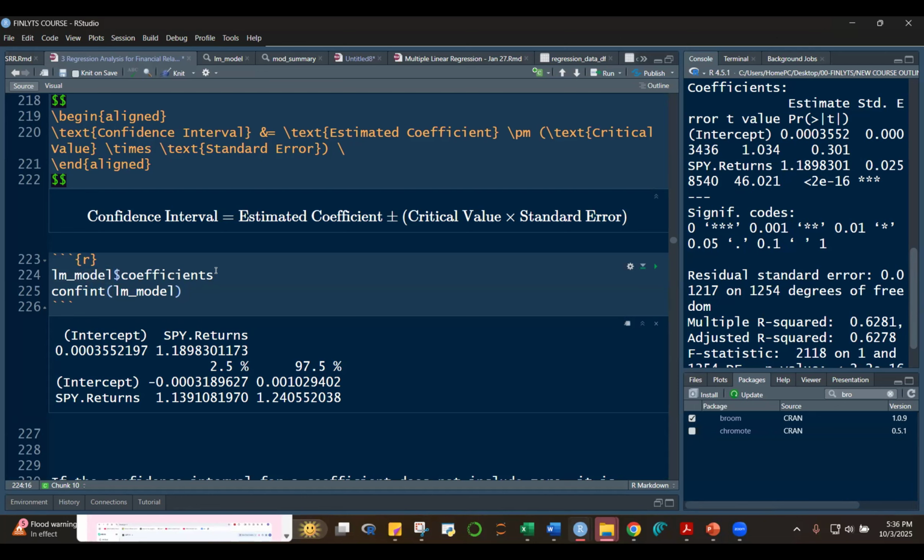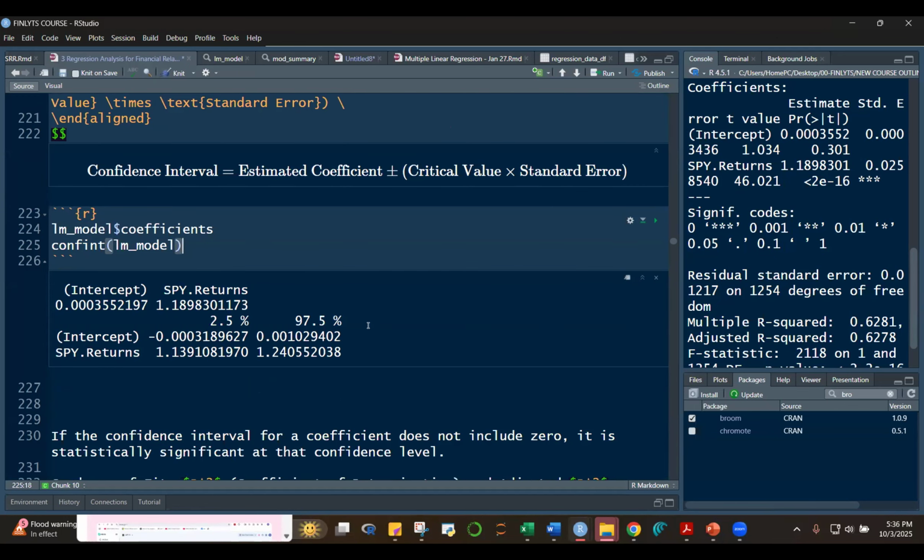Dollar coefficients will print the coefficients. And then confint of the linear model. If you run this, class, you'll have this. So the intercept is 0.003, but actually it's bounded by a lower confidence limit and an upper confidence limit, class. SPY returns, class, is 1.189, bounded by 1.139 and 1.24.